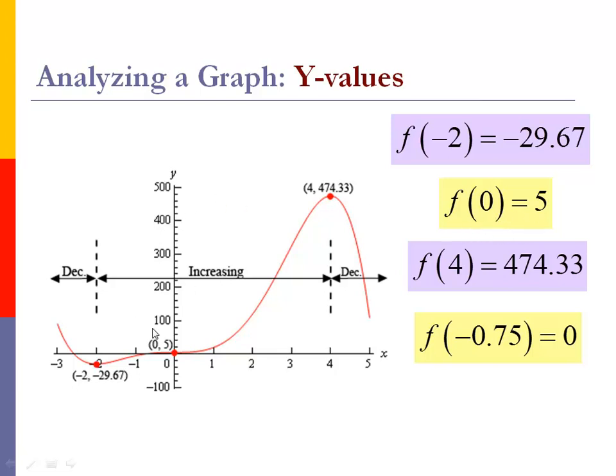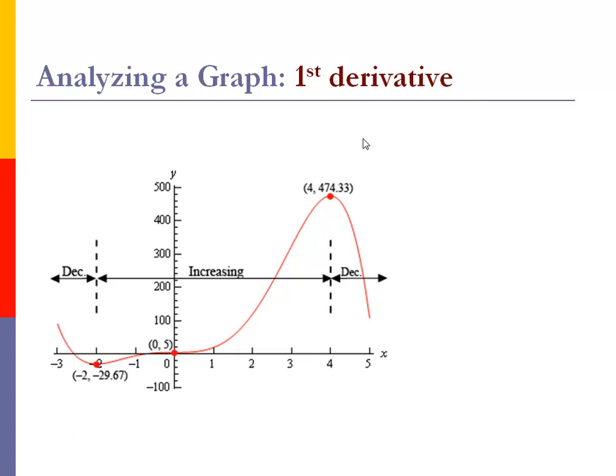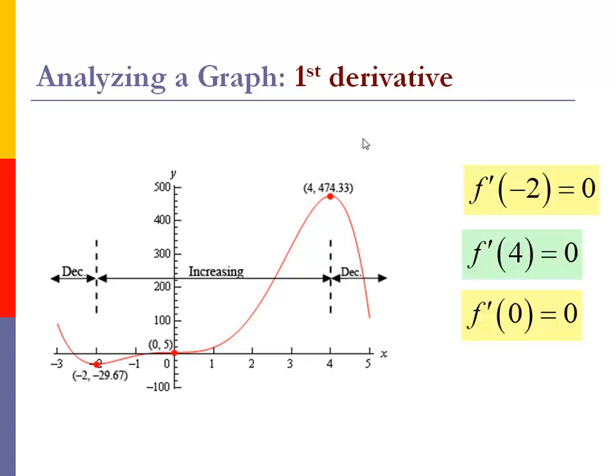We also have an x-intercept somewhere around a negative 0.75, right there. And then we've got a minimum here, and a maximum up there. So this is the key information. Getting it from the graph or from the formula is interchangeable, but those are key pieces of information.